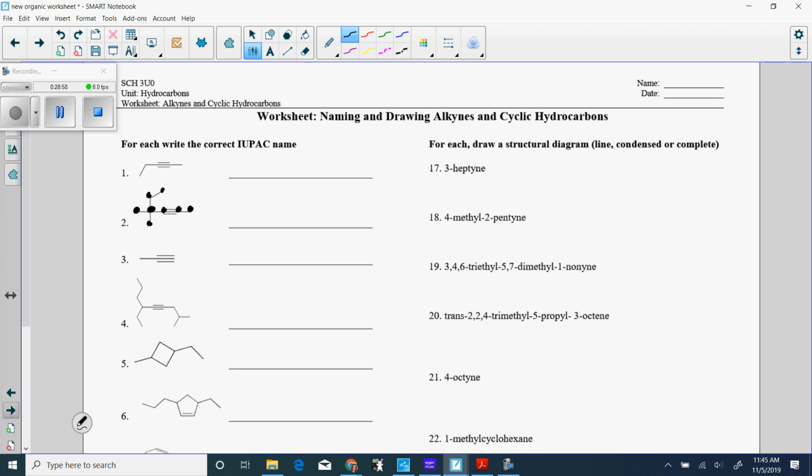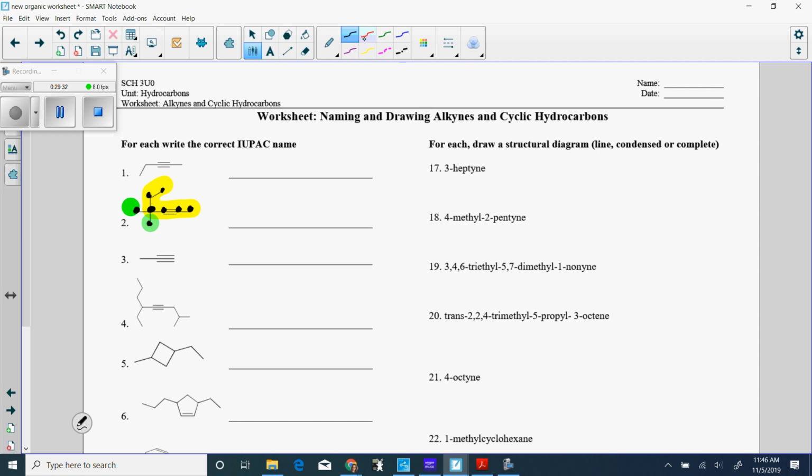Okay. So I'm looking for my longest continuous chain. 1, 2, 3, 4, 5, 6. 1, 2, 3, 4, 5. Okay. So I'm going around the corner. Count. 1, 2, 3, 3, 4, 5, 6. 1, 2, 3, 4, 4, 5, 6.